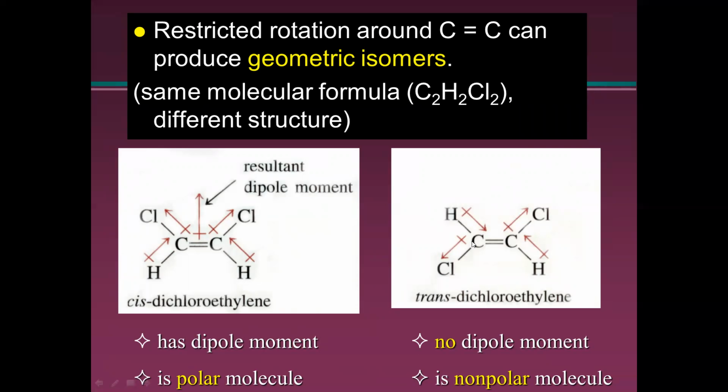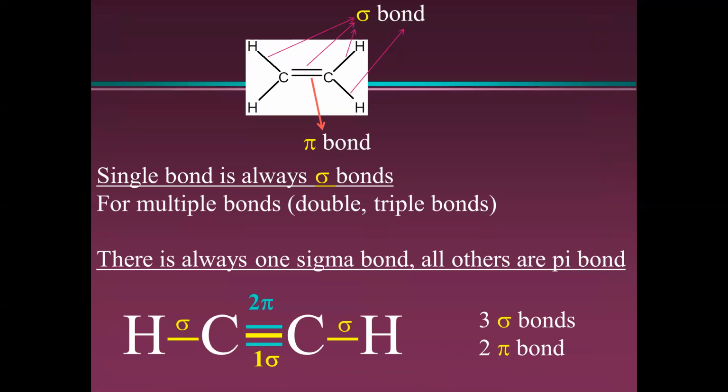The dipole goes in that direction, and this dipole goes in the opposite direction, so they cancel each other out. So this restricted rotation can make this molecule polar. If we have one single sigma bond without a pi bond, for example with one chlorine and two hydrogens here, they can rotate, but here you cannot.